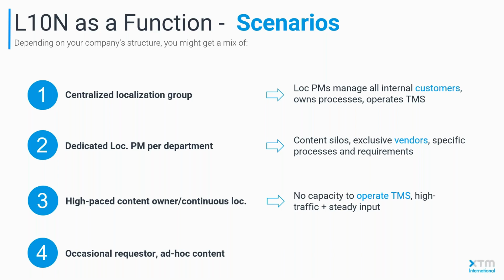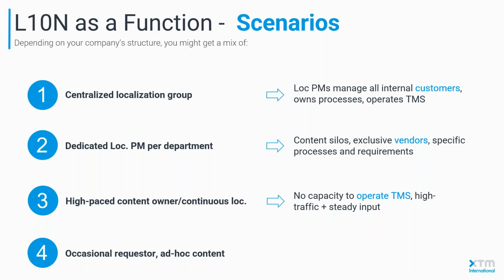other departments. Then we have high-paced content owners who are publishing content almost every day. So they are sending translation requests every day. Their requests are often small, close to what we would call continuous localization.